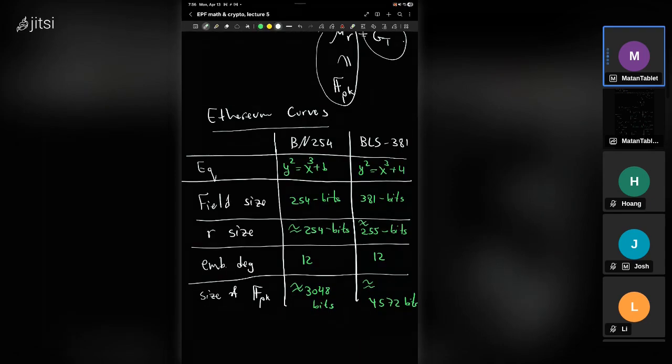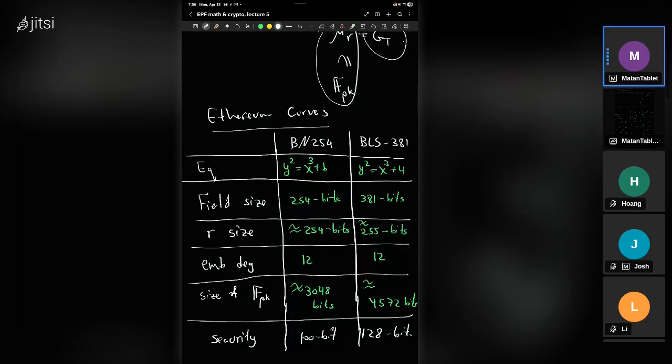Therefore, because the security is mostly the security of the discrete log in F_p^k, you get better security in the second case. So you get here 100-bit security, and here you get 128.